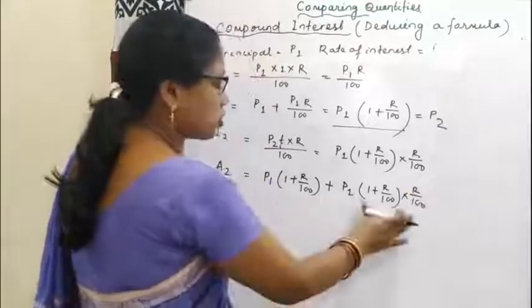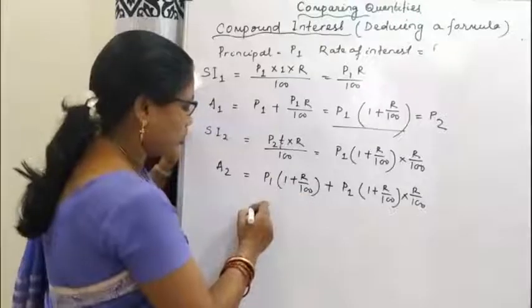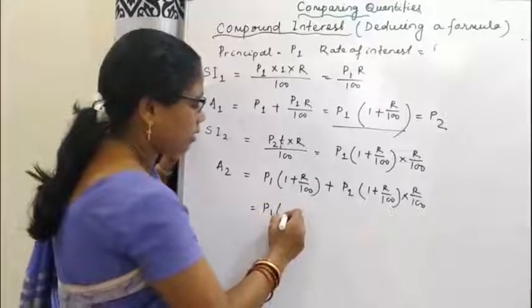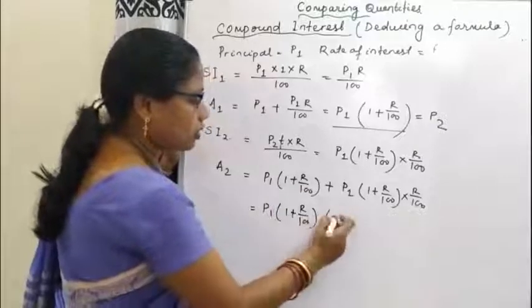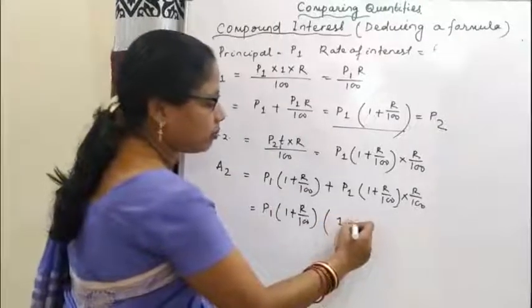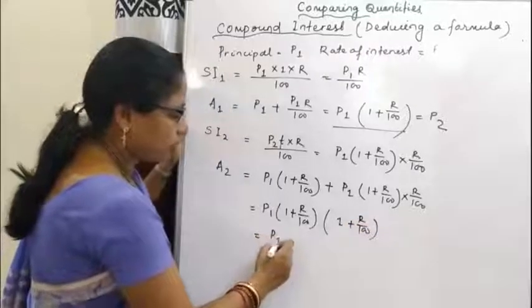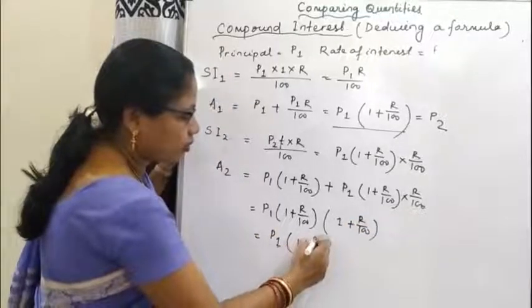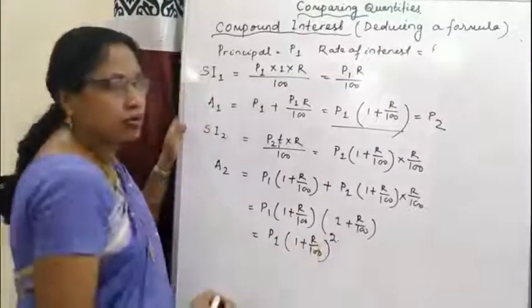In these two terms, P1 into 1 plus R by 100 is common. So this is equal to P1 into 1 plus R by 100 whole into 1 plus R by 100. So this is equal to P1 into 1 plus R by 100 raised to the power 2.